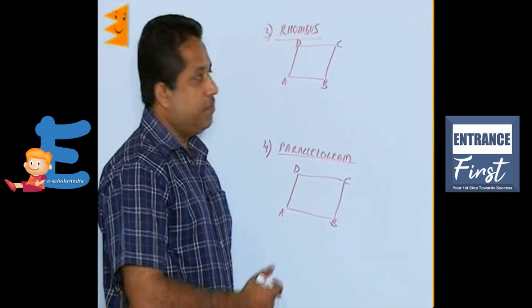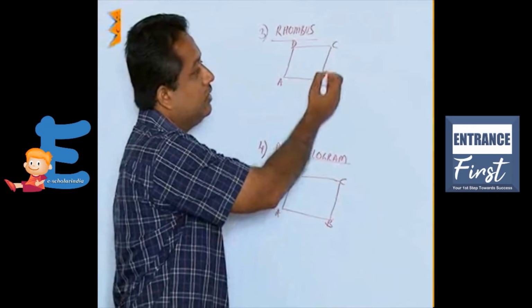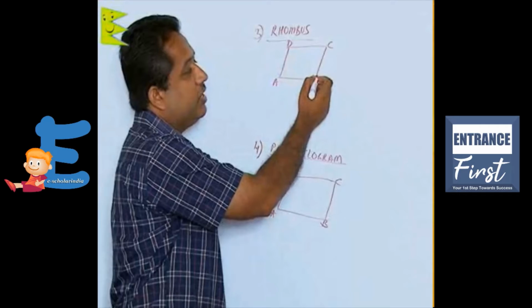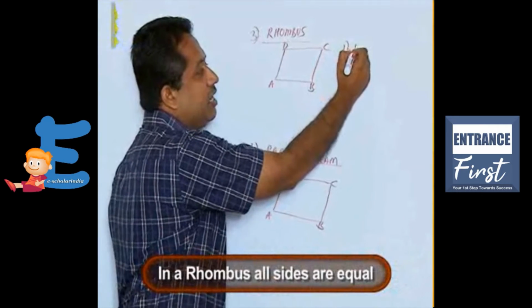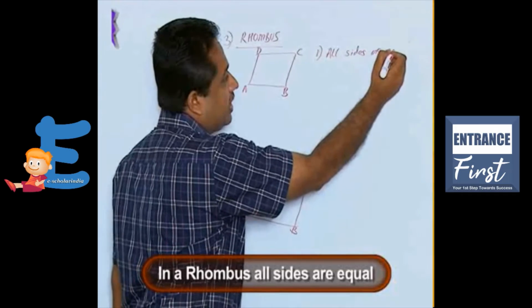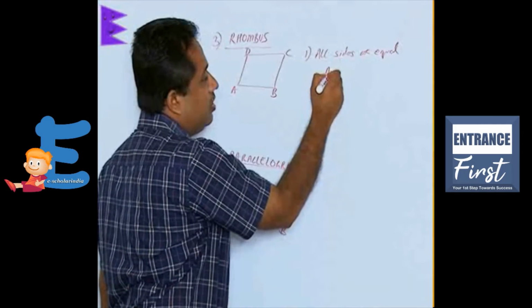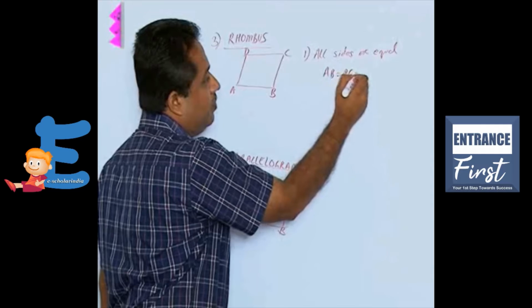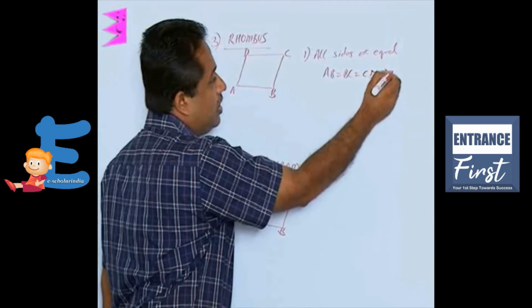Let us identify the properties of a rhombus. A rhombus is a figure in which all sides are equal. All sides are equal which means that AB will be equal to BC, will be equal to CD, will be equal to DA.